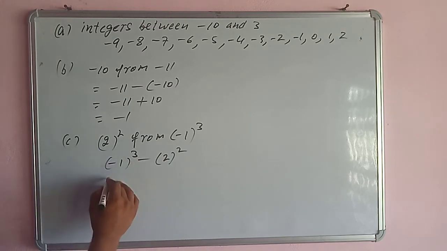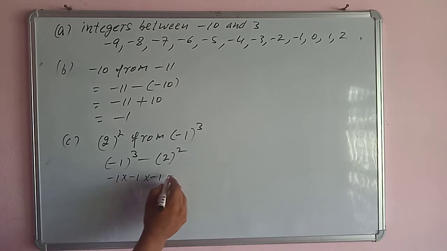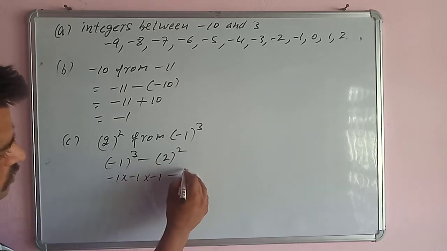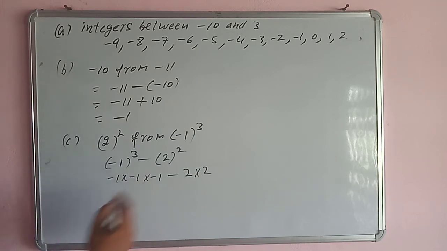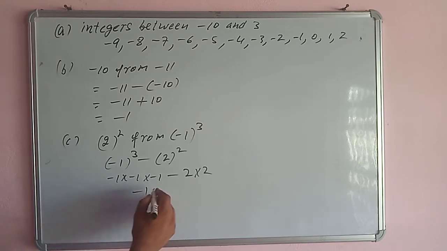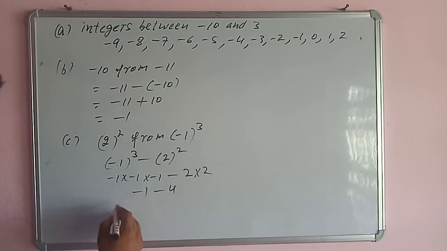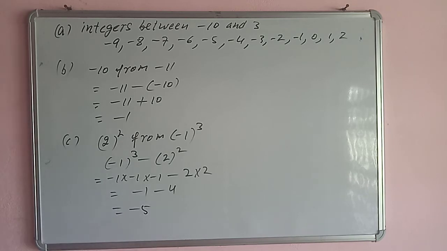So -1 cube means -1 multiply -1 multiply -1, and 2 square means 2 multiply 2. When we multiply -1 three times, we get -1, and 2 square is 4. So -1 minus 4, both integers have negative sign, same sign. So we will add them, and the answer is -5.